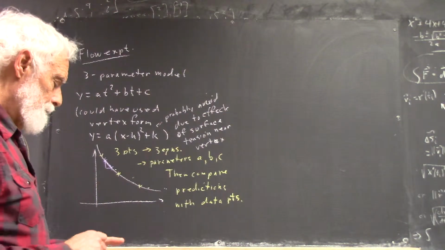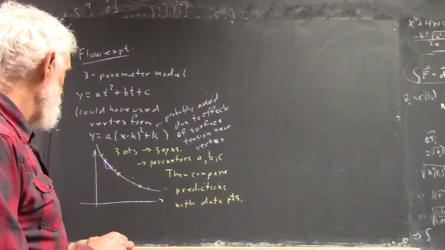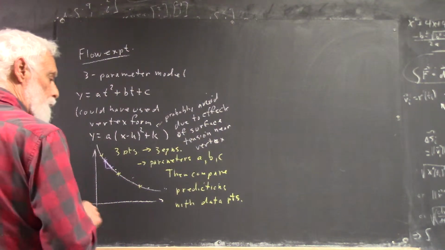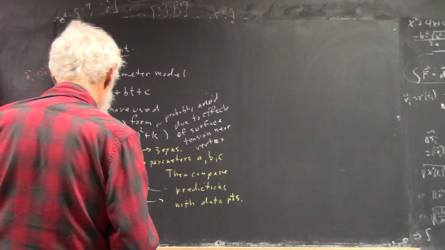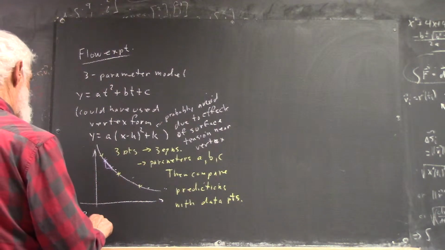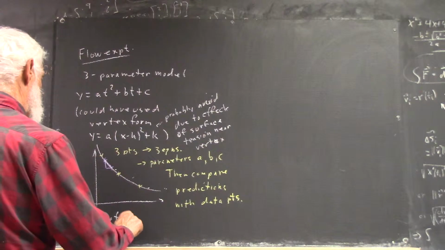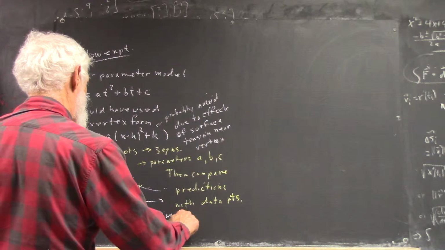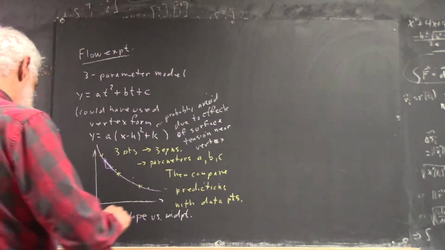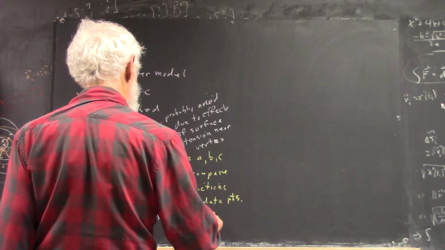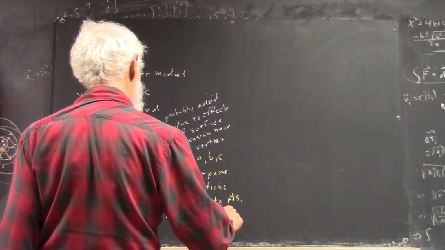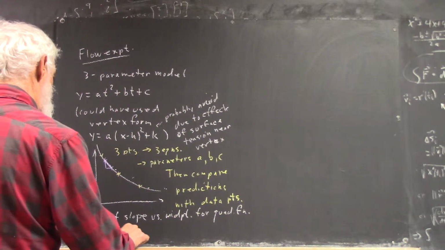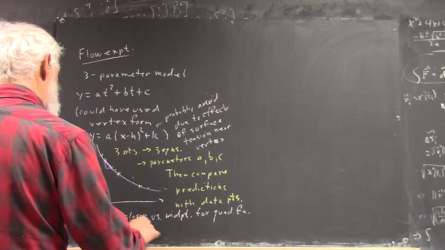Well, that leads to the fact that the graph of the slope versus midpoint is linear.